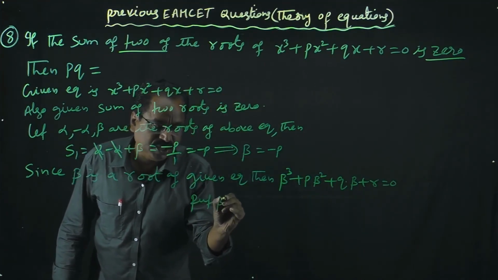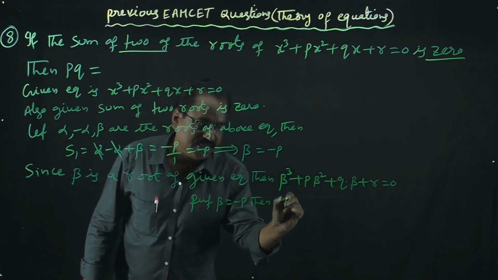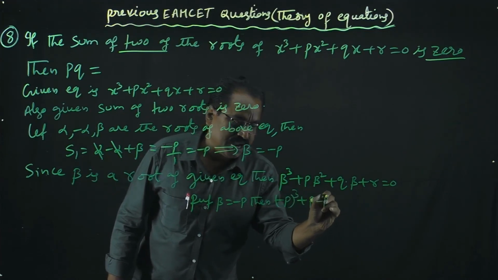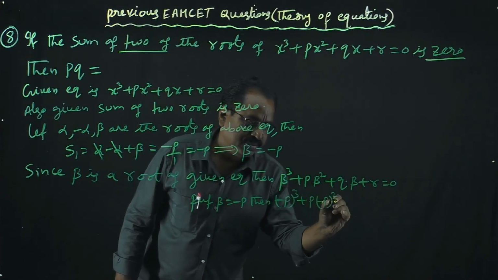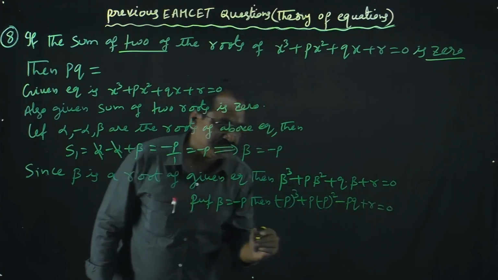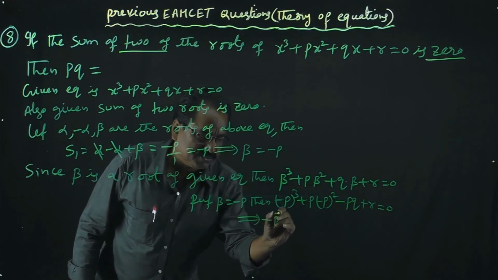Put beta is equal to minus p, then (minus p) whole cube plus p into (minus p) whole square minus pq plus r is equal to 0. Minus p whole cube is minus p cube.